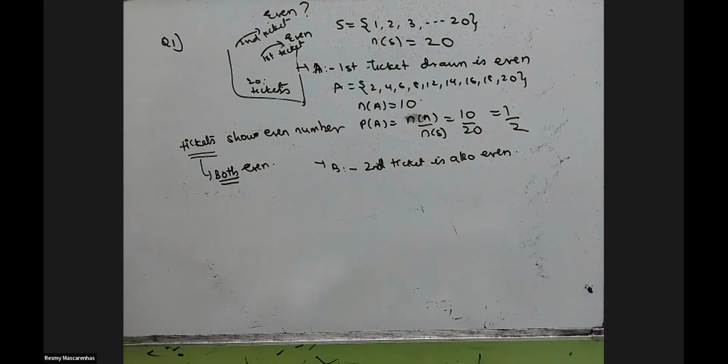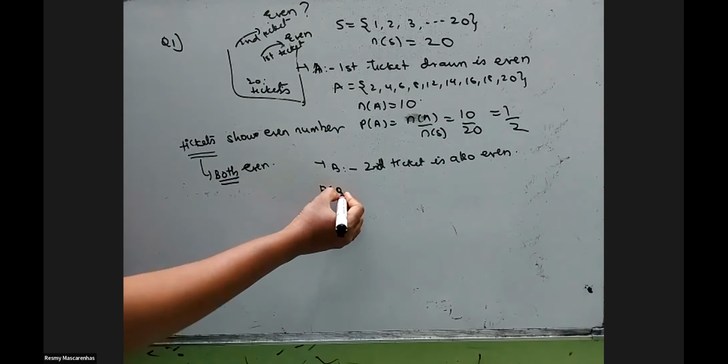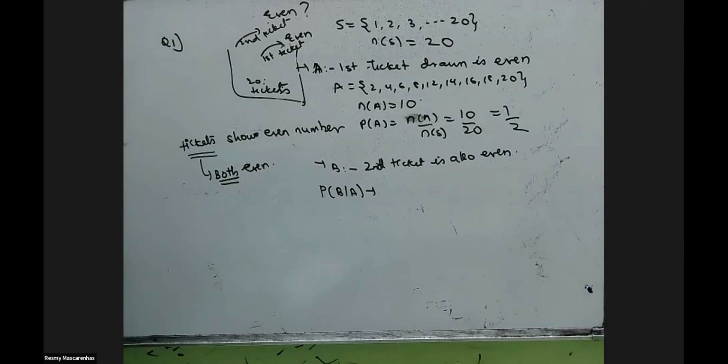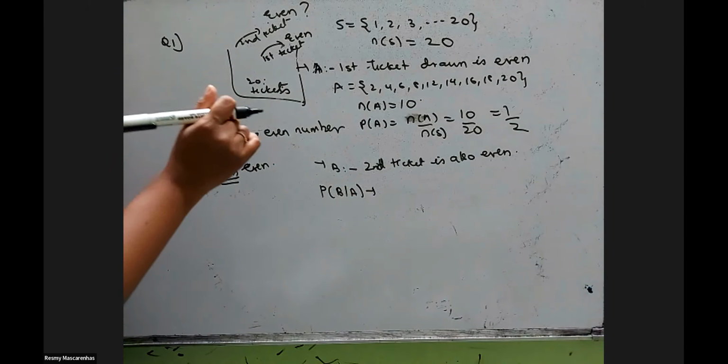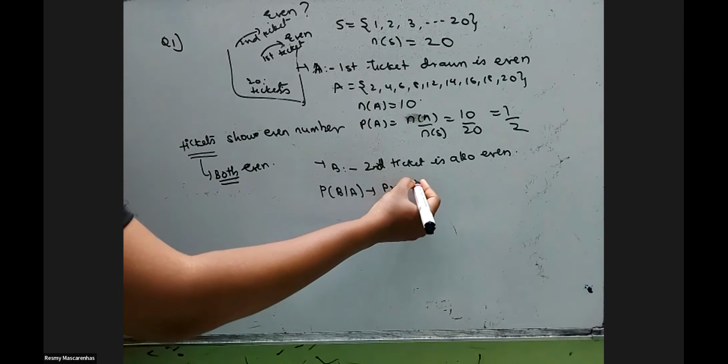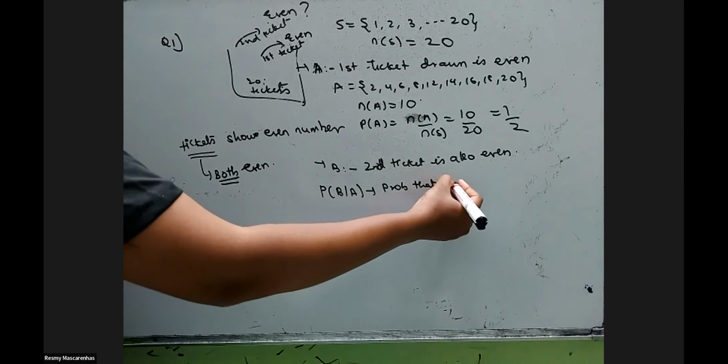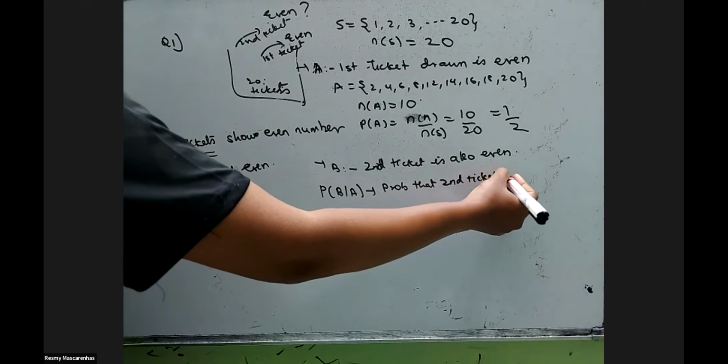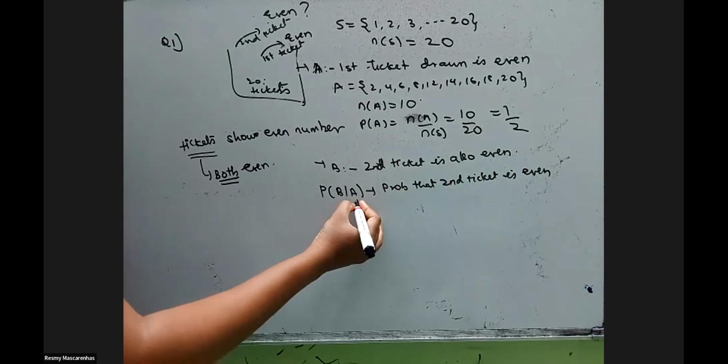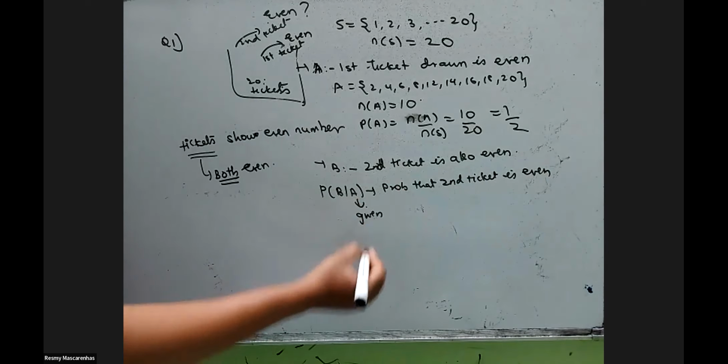Now obviously when you are drawing the second ticket, it is definitely based on the first, whether that was even or not. So B is dependent on A. Probability that the second ticket is even, given that, this always I told you is read as given.